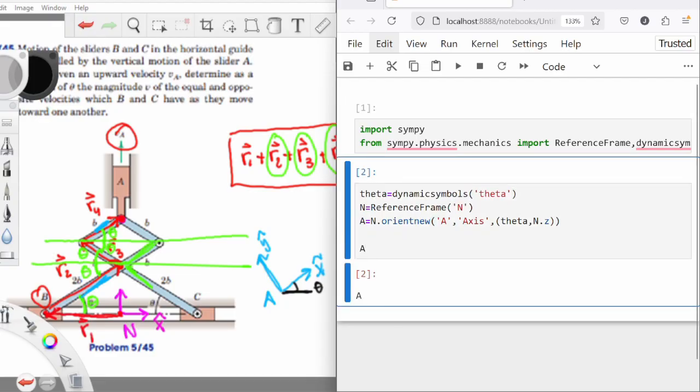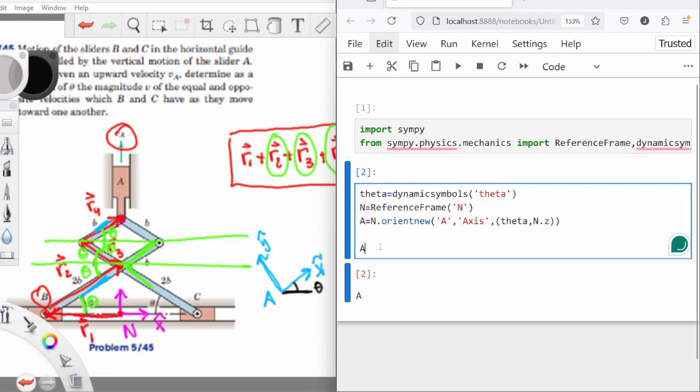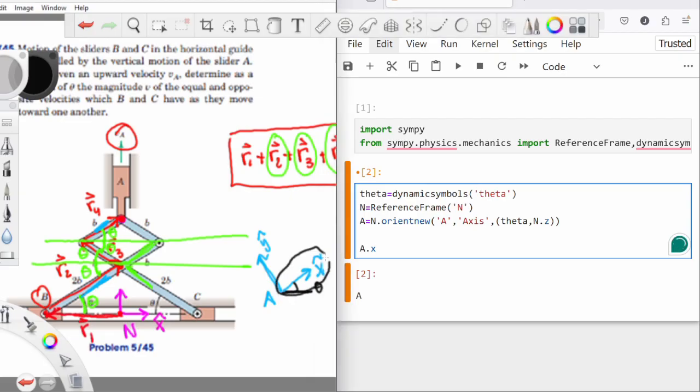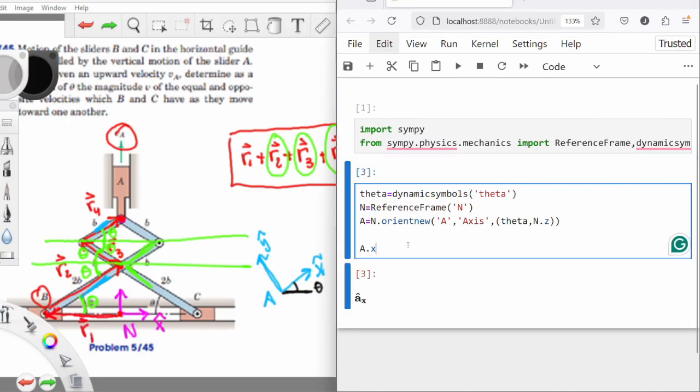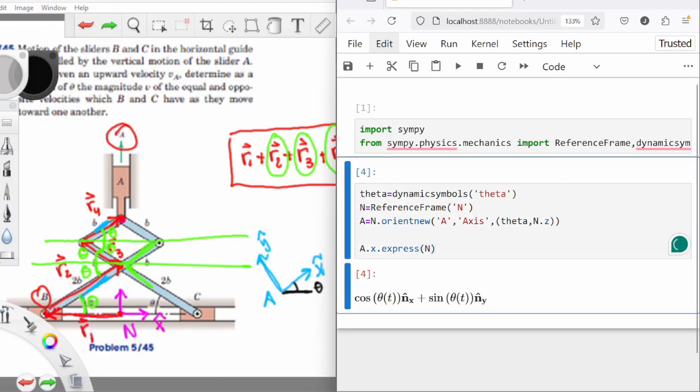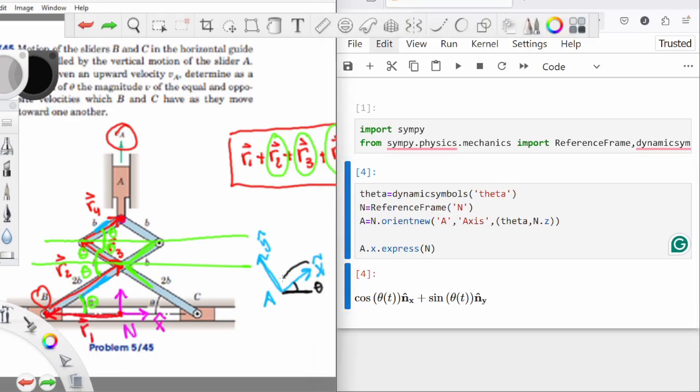And you can see that we have our variable A. If we write A.x, we are describing this vector, and you can see that A.x expressed in the N frame of reference corresponds to cosine theta in x and sine theta in y, meaning that we are computing the components of this vector in the horizontal and vertical axis of the N reference frame.